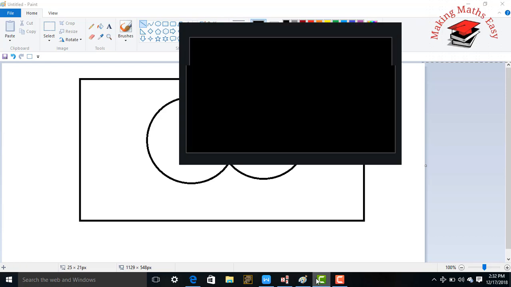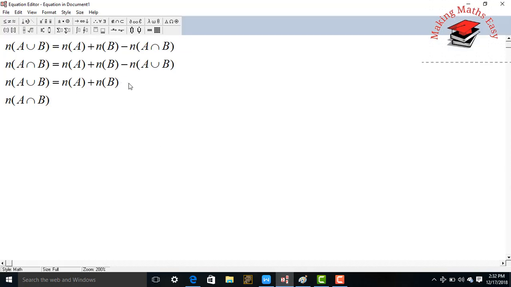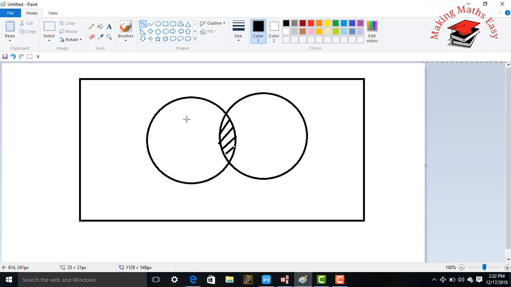So our proof becomes minus n of A intersection B. So n of A union B is equal to n of A plus n of B minus n of A intersection B in this case.